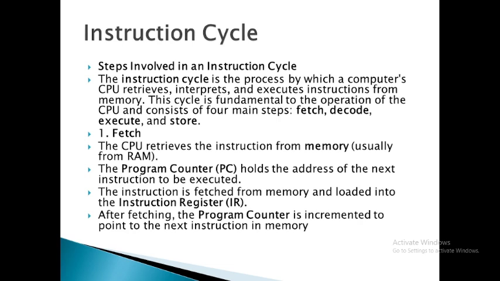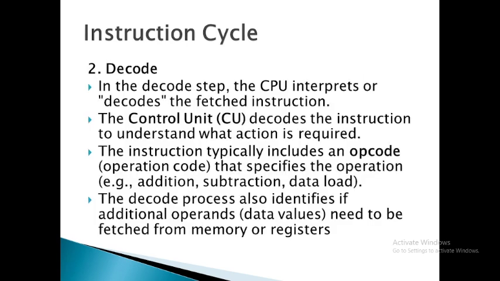The program counter holds the address of the next instruction to be executed, and the instruction is fetched from memory and loaded into the instruction register. After fetching, the program counter is incremented to point to the next instruction in the memory.